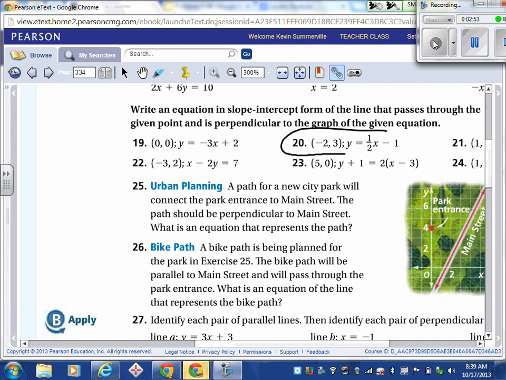Let's take a look at number 20. In this problem, the main facts are I need to find an equation in slope-intercept form that passes through a point and is perpendicular.